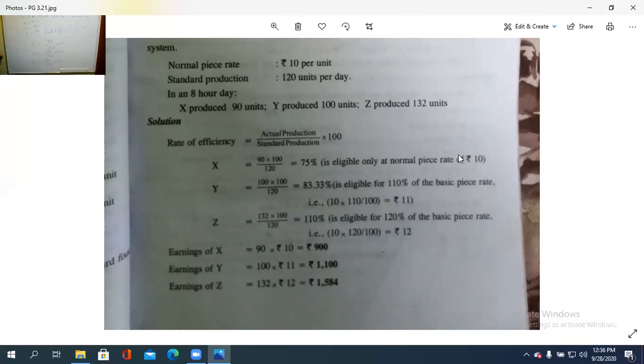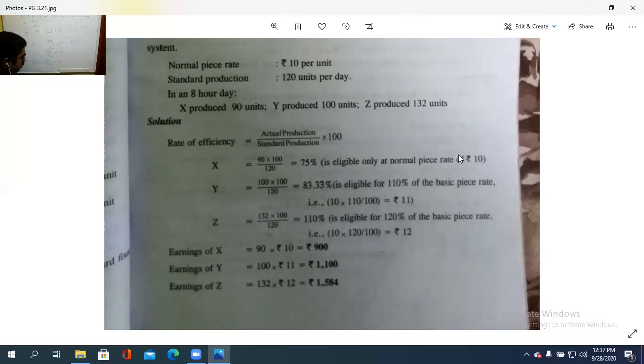So how much it is the percentage? So we will check it now. 90 divided by 120 into 100. It is 75%. Percentage level we are calculating. So X is 75%.